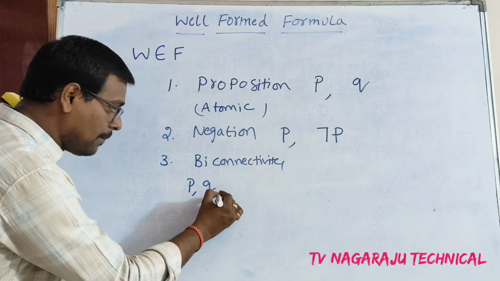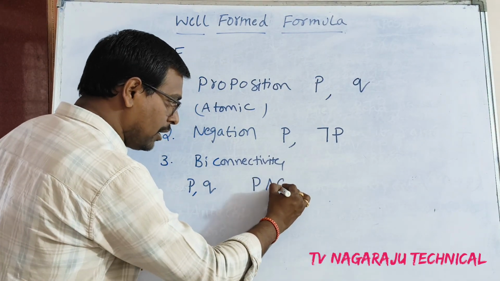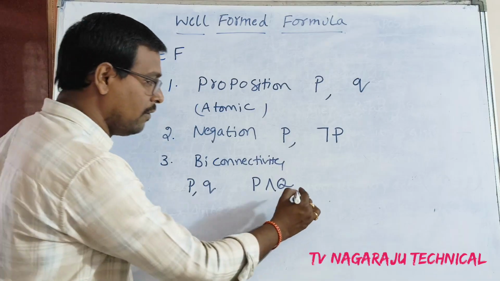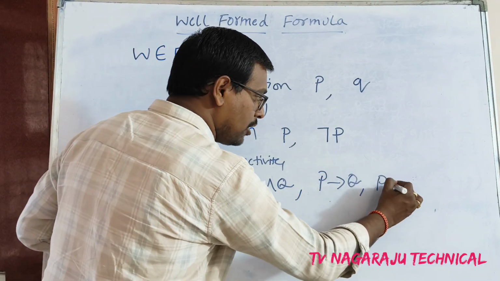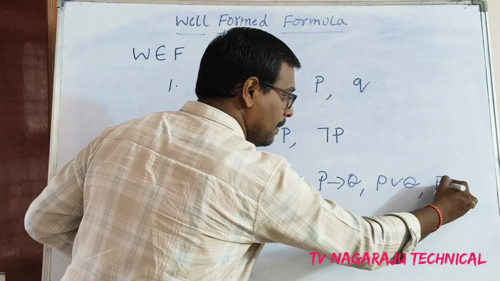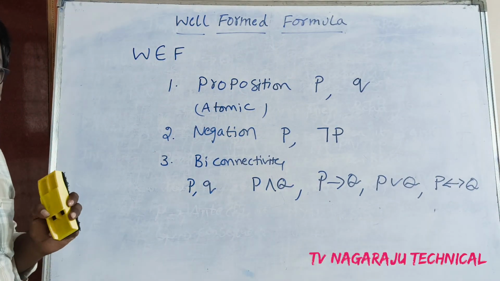Like if P, Q are well-formed formulas, then P and Q is also a well-formed formula. P implies Q, P or Q, like this. P double implies Q. All those are well-formed formulas.